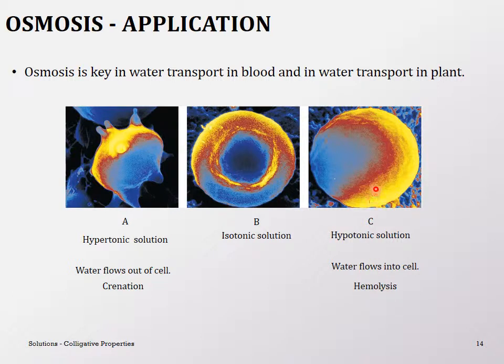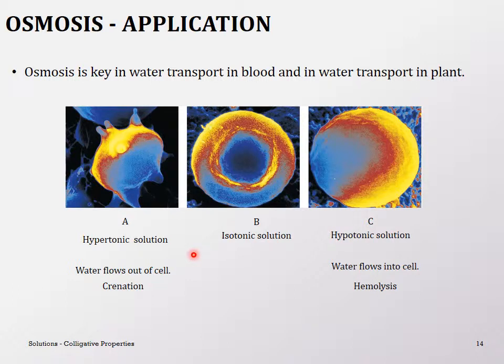These are the situations that happen with water transportation and blood. This is an important thing when drugs are being administered to patients. They have to make sure the solutions are isotonic so that you don't kill the cell or bloat it up.